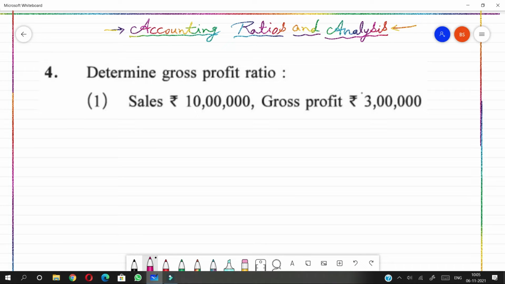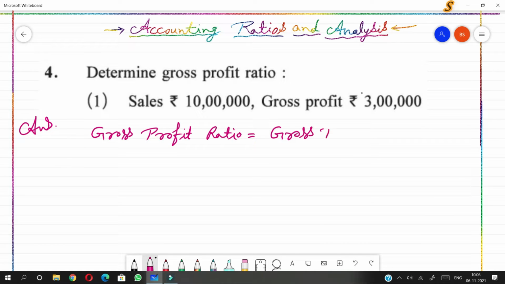Sum number 4's first sum. Here we have to determine gross profit ratio. The formula for gross profit ratio equals gross profit divided by net sales, multiplied by 100.